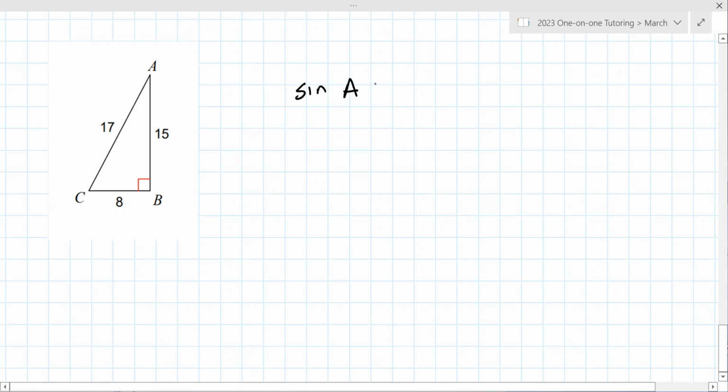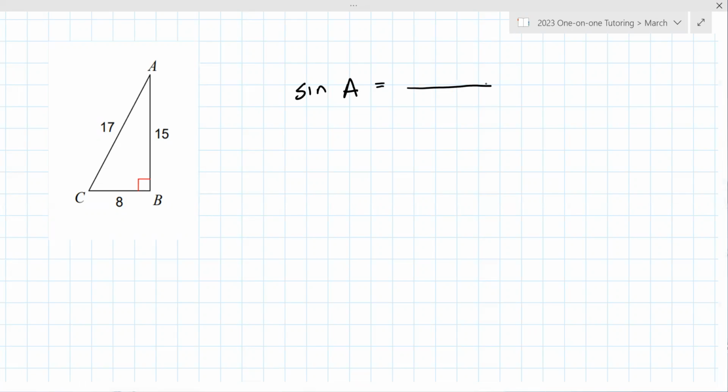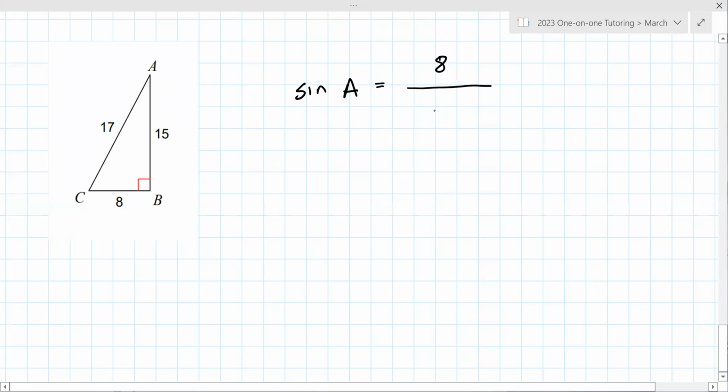So A, and then sine would be opposite, so it would end up being 8. Good. Keep going. 8 over hypotenuse. The hypotenuse is not 15. Oh, I'm sorry, 17. 17. Good.